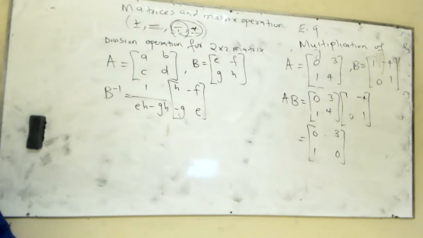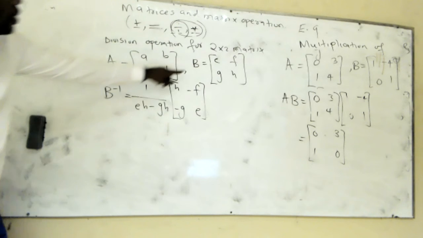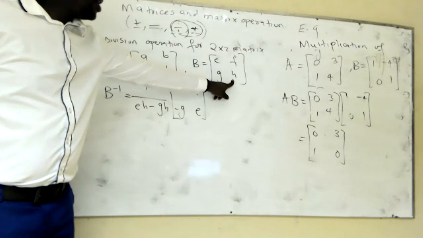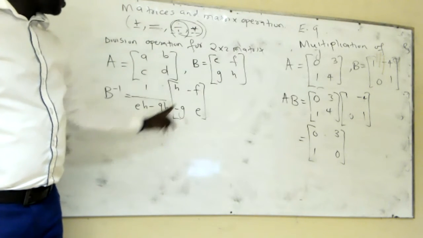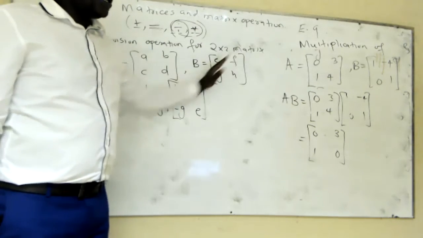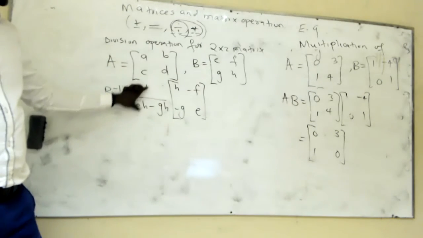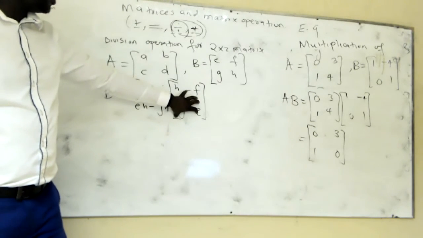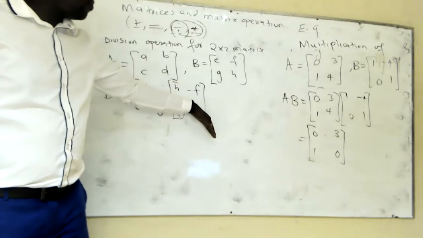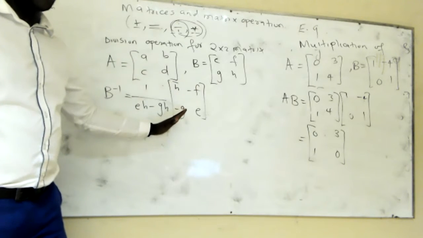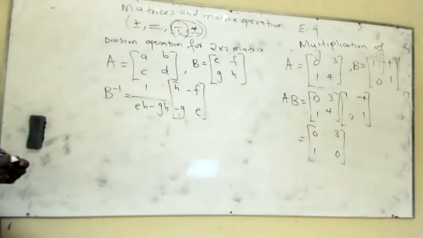What is the first thing you do? You have 1 divided by the multiplication of the main diagonal minus the multiplication of the off diagonal. So it will give you that fraction. And then from there, you swap the positions of the diagonal, and you put the negatives on the off diagonals.